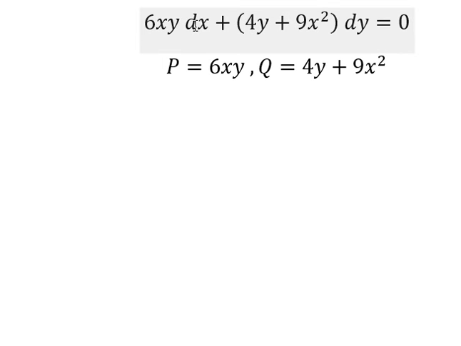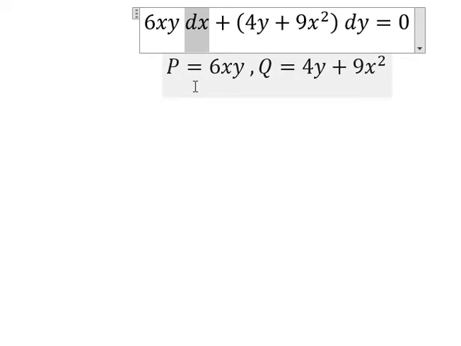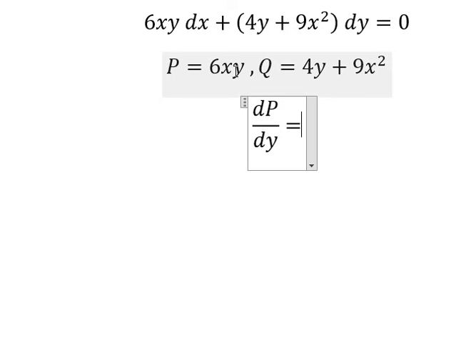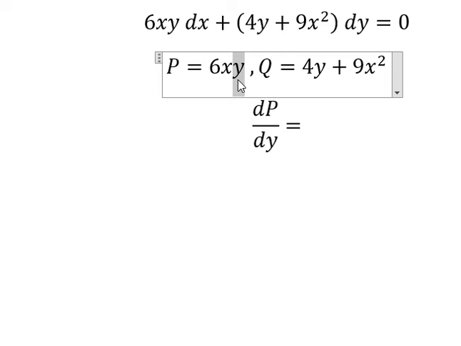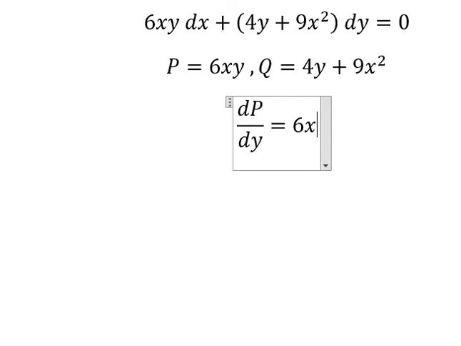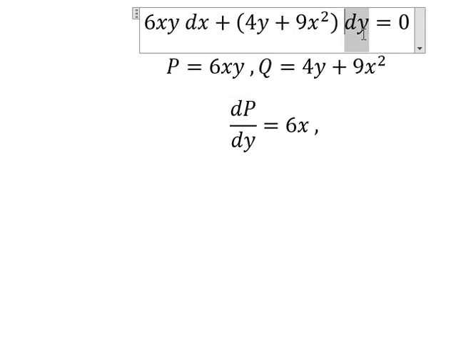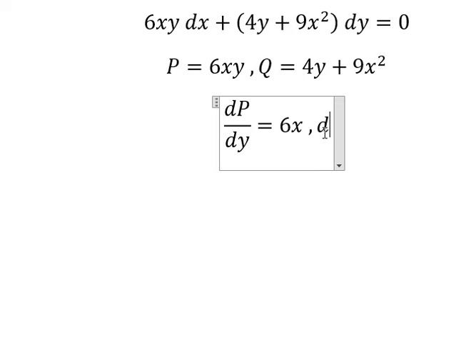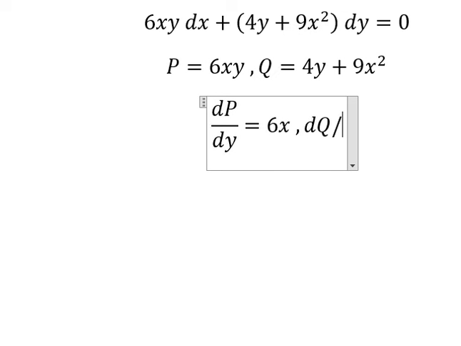Next, because we have dx, we need to do the first derivative of P with respect to y. First derivative of y, we have number 1, so we have 6s. We have dy, so we need to do the first derivative of Q with respect to s.